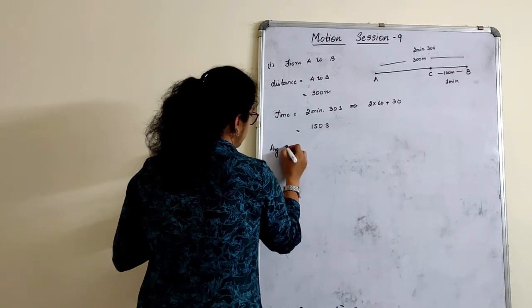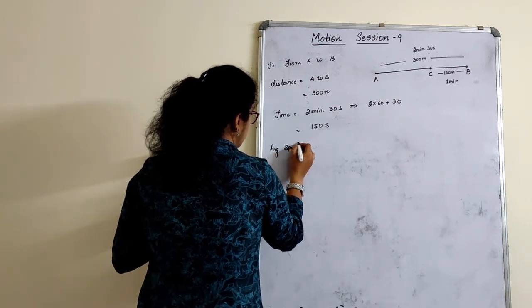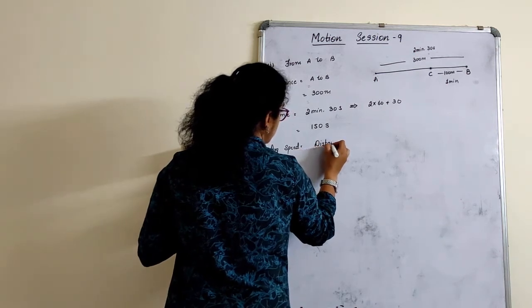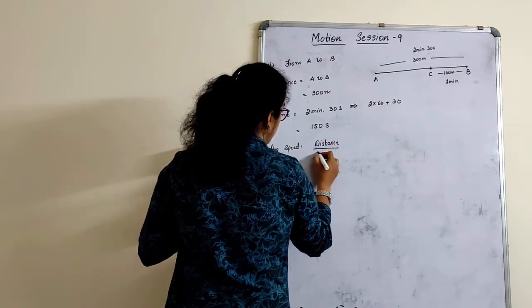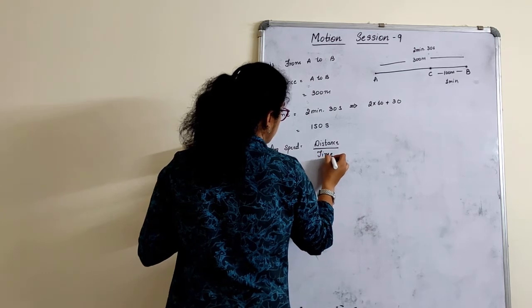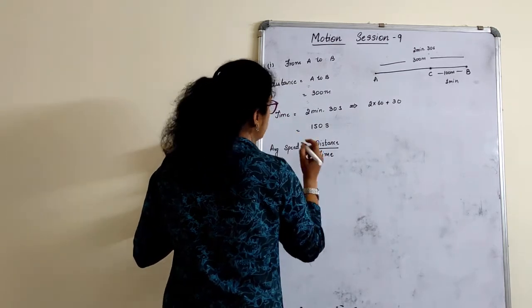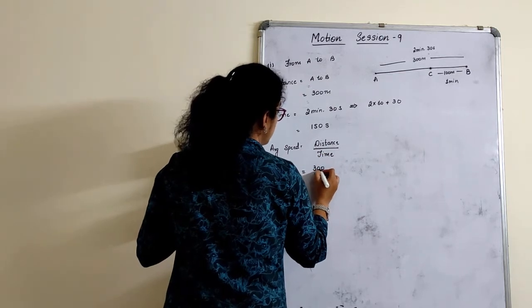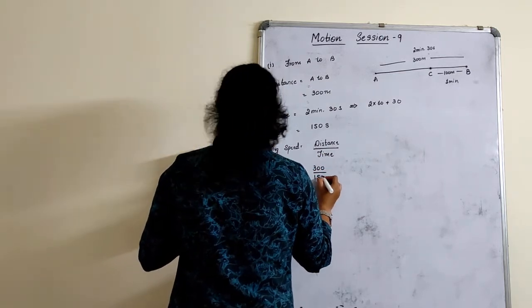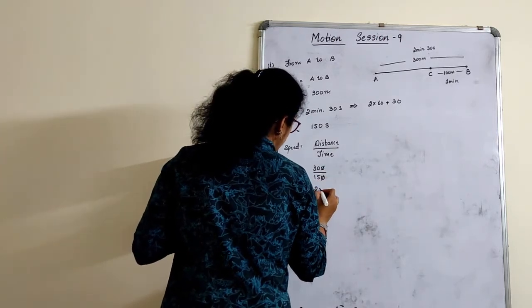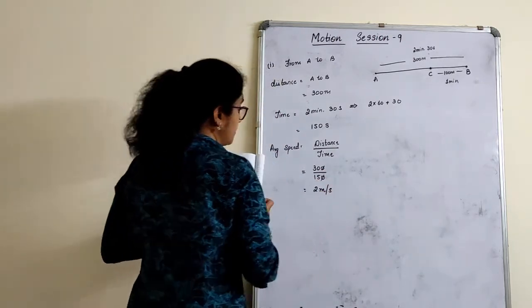Average speed is equal to total distance upon time. So here total distance is how much, children? 300 divided by 150. So 0, 0, 15 ones are 15, twos are 2 meters per second.